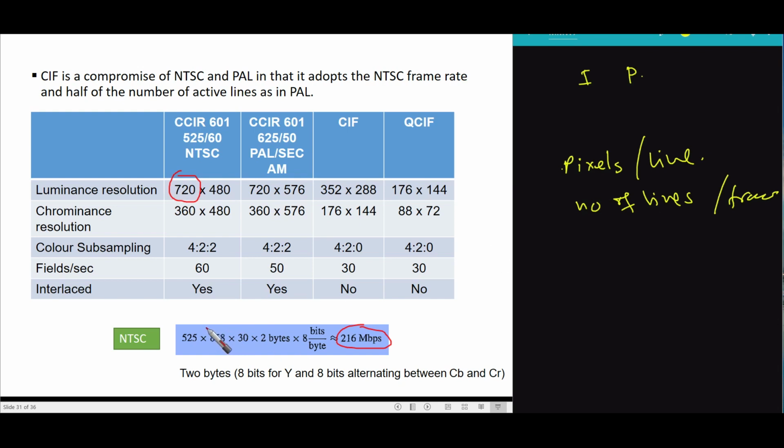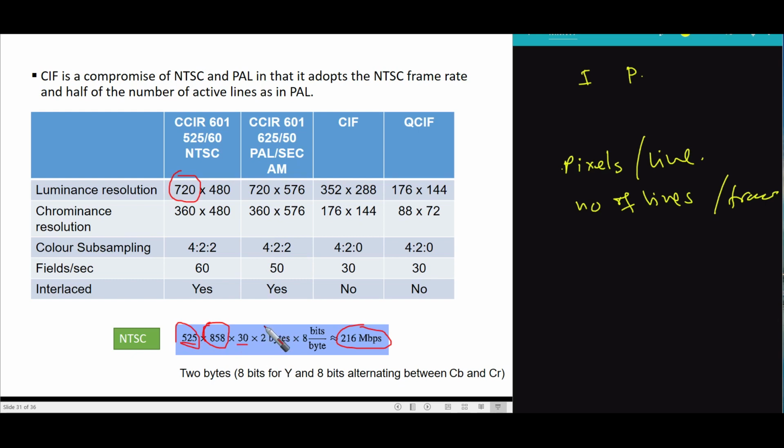If you just consider horizontal retracing and those, then you have, let's say, 858 pixels per line and 525 lines per frame, at 30 frames per second.